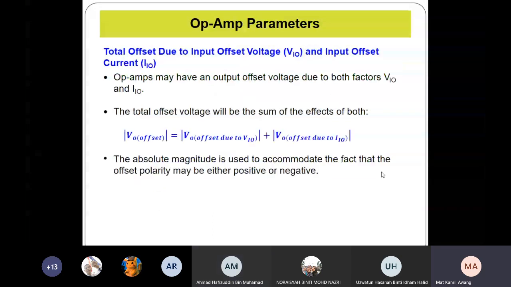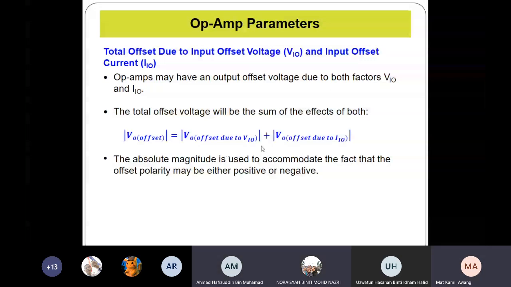The next parameter is the total offset due to the input offset voltage VIO and input offset current IIO. An OpAmp may have an output offset voltage due to both factors, so the total offset voltage will be the sum of the effect of both. This one is due to VIO. Where do you get this value?